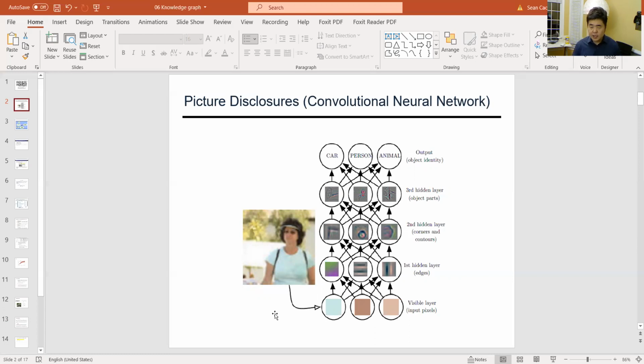How did we do that? Traditional neural networks and machine learning make it very difficult to interpret the neurons. You can see more of the video on the explanation of the neural network. But the problem is we don't have a very clear explanation of how exactly the model identifies car, person, animal.